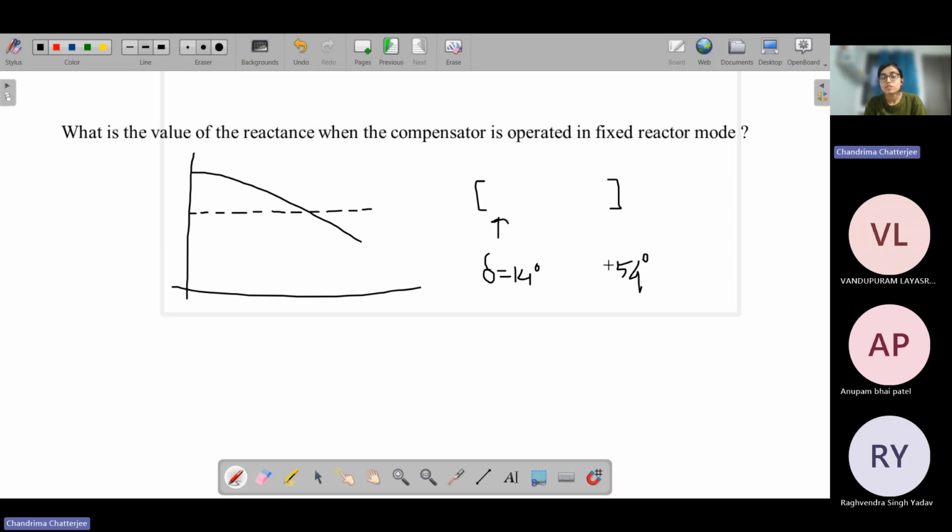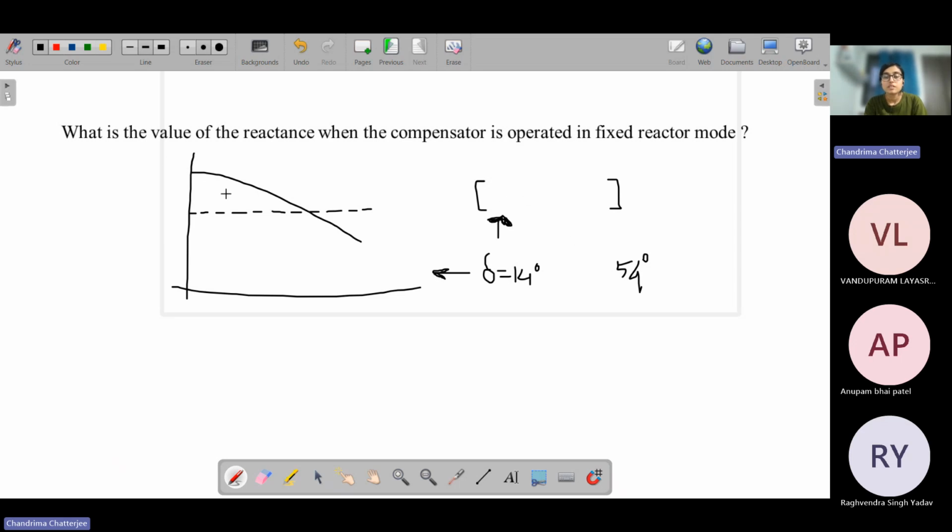As we already saw, beyond this point we will not be able to restrict the over voltage to 1.05 per unit, because then the compensator will be too costly or very difficult to design.